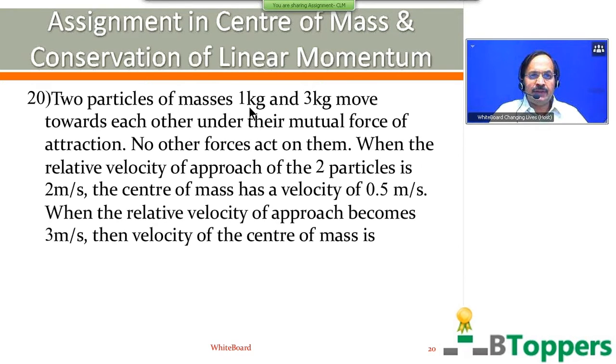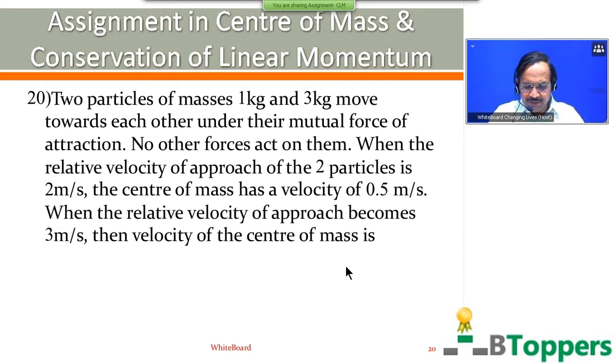Two particles of masses 1 kg and 3 kg move towards each other under their mutual force of attraction. No other forces act on them. When the relative velocity of approach of the two particles is 2 meters per second, the center of mass has a velocity of 0.5 meters per second. The relative velocity of approach becomes 3 meters per second.